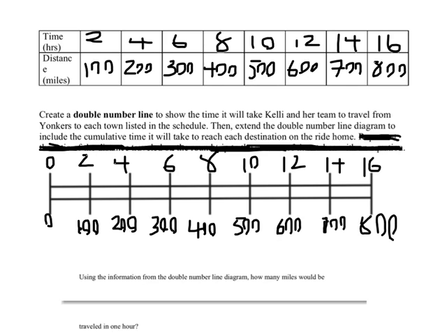All right, so I've got this tape diagram. What am I missing? That's right, I'm missing labels. So I want to put H for hours and miles for distance. Now I want to answer this one question. Using the information from the double number line diagram, how many miles would be traveled in 1 hour?